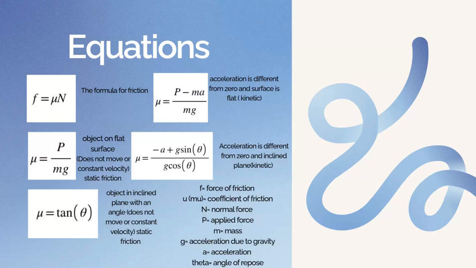The last equation that we have is mu equals (negative A plus G sin theta) over (G cosine theta), and it is a formula for the kinetic coefficient of friction, and it will only be used if the acceleration is different from 0 and the object is on an inclined plane. All these equations will be used depending on the results that we get after conducting the push experiment after each run.